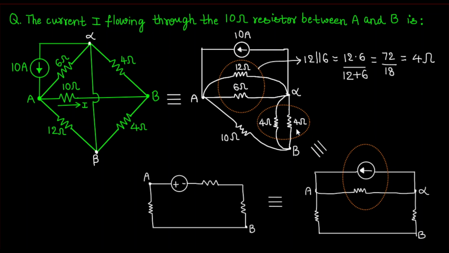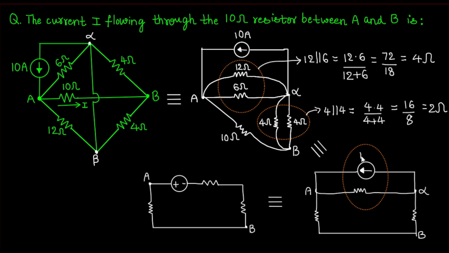Then we have two resistances here in parallel, 4 ohm and 4 ohm. So 4 parallel 4 is 4 into 4 by 4 plus 4, which is 16 by 8, which is 2 ohms.